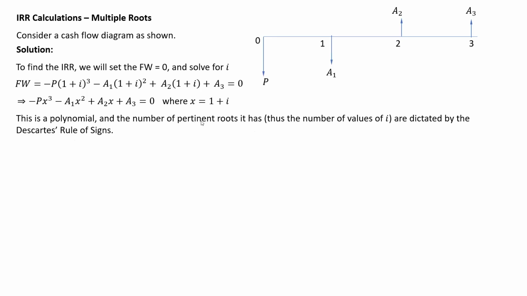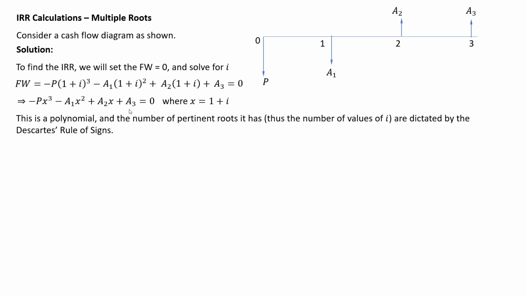What do I mean by pertinent? Meaning, there are certain roots that are actually appropriate for this case. For instance, would you agree that if one of the roots of this polynomial is negative 5, well, mathematically x could be negative 5 for a cubic polynomial.